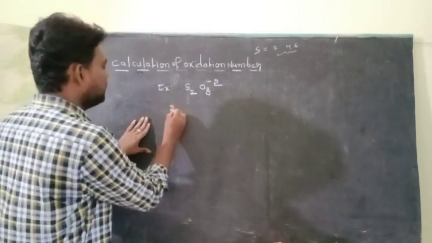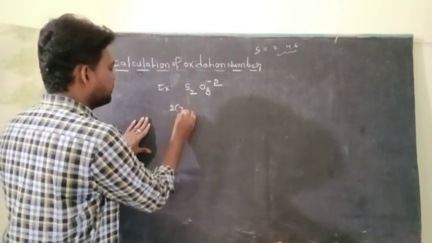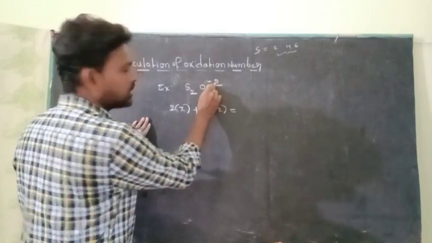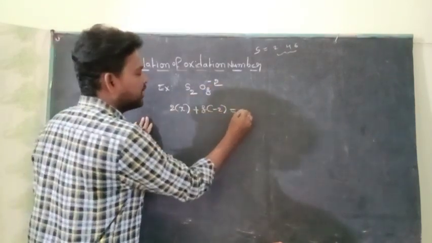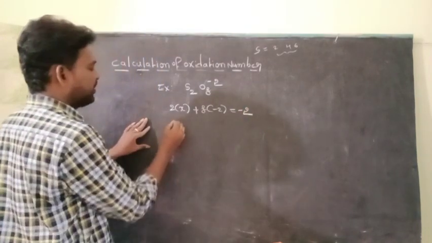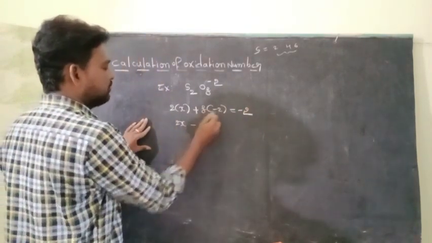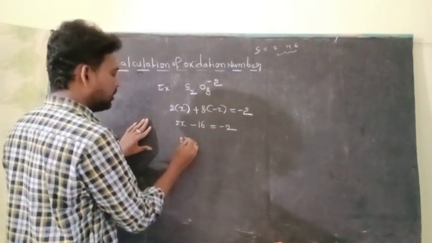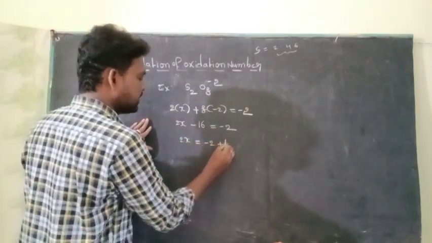For example, 2 into x plus 8 into minus 2 equal to the charge, minus 2. So 2x minus 16 equal to minus 2. The 2x equal to minus 2 plus 16.